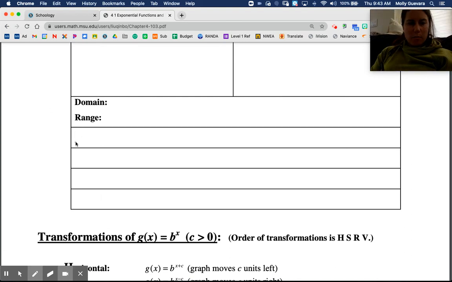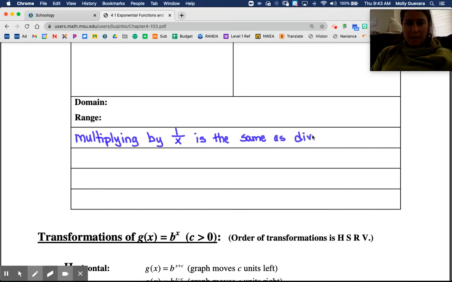So I want to point out that multiplying by 1 over x, so if I have 1/3 or 1/2 or whatever, is the same as dividing by x.